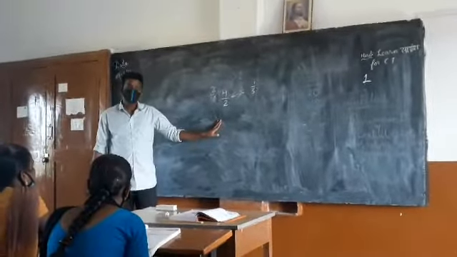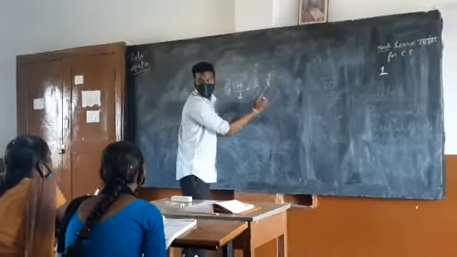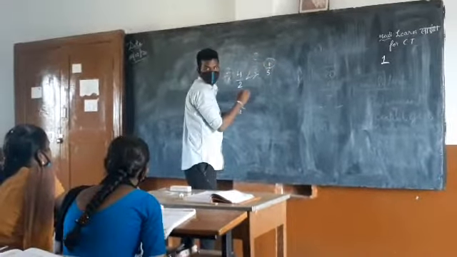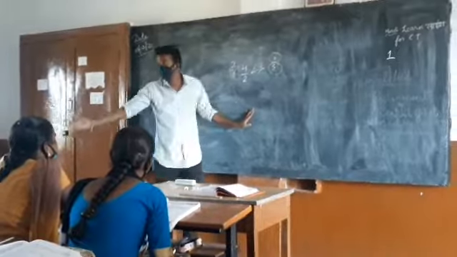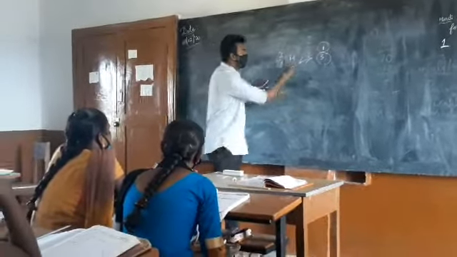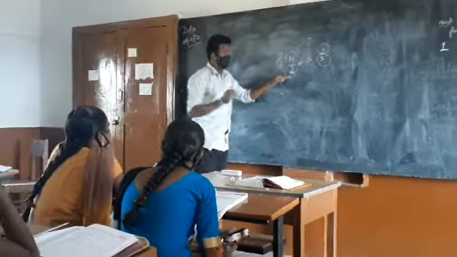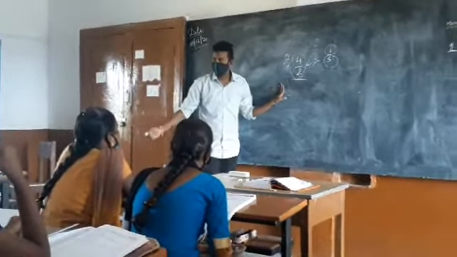Listen my dear, here compare the numerator and denominator. Numerator is less, denominator is big. This comes under proper fraction. Whereas, compare this: numerator is big, denominator is small. So this comes under improper fraction.